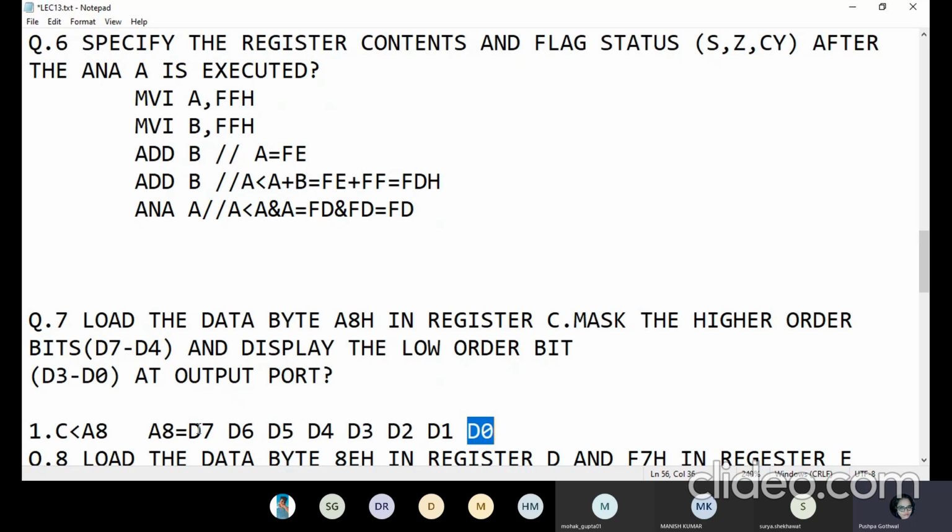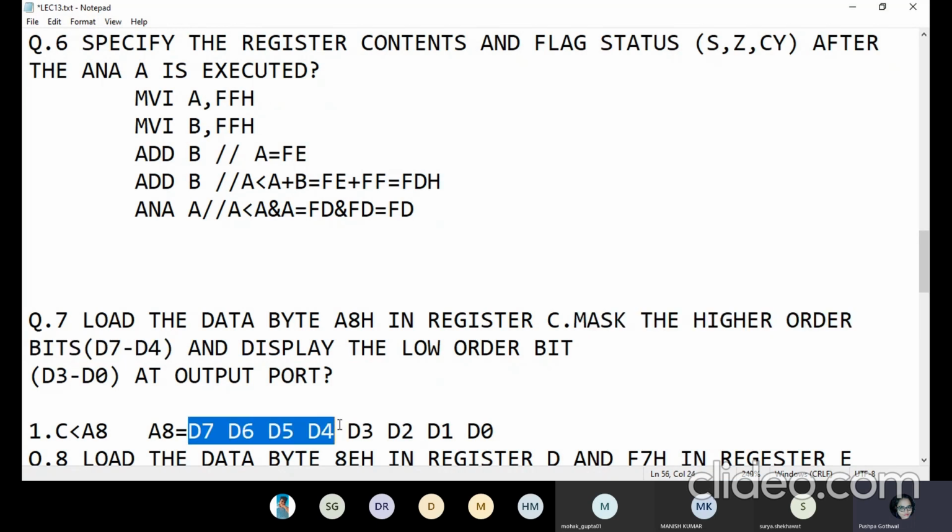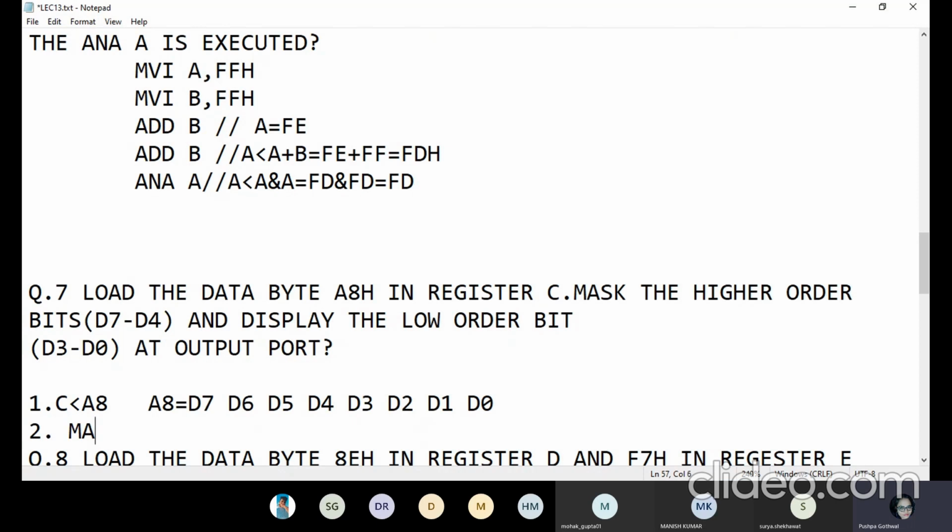D0 is the LSB, D7 is the MSB. He said to mask the higher order bits. In the program, you have to mask this A from the A8 number.